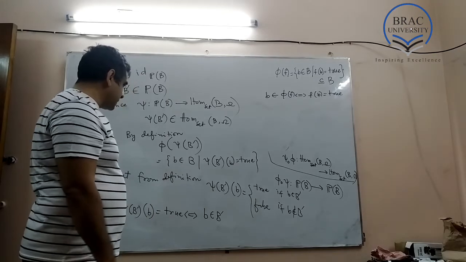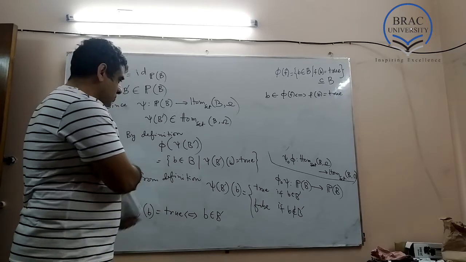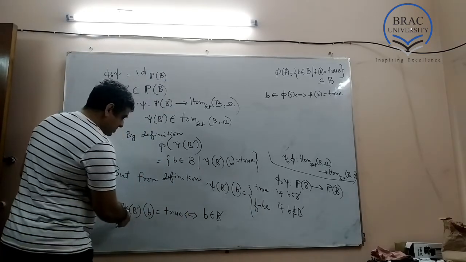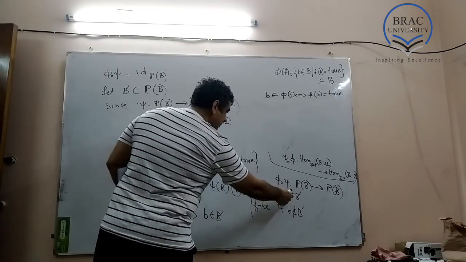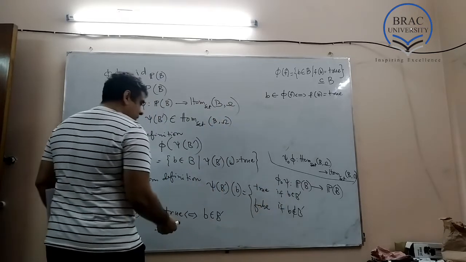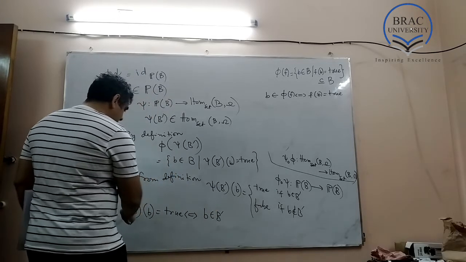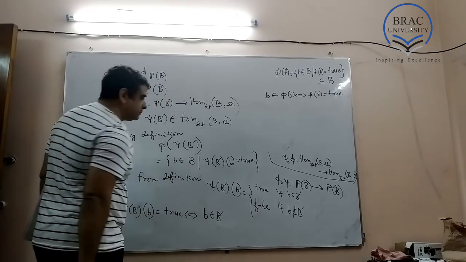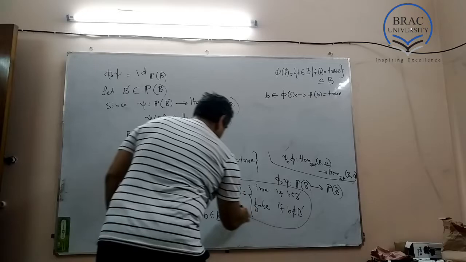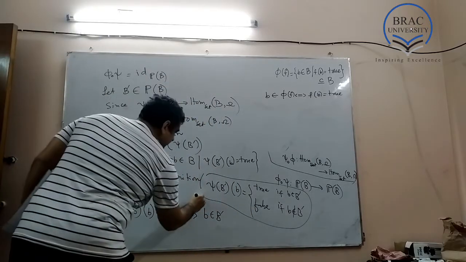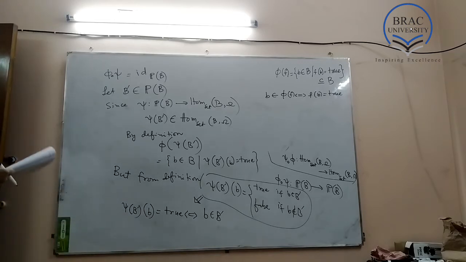You'll have the fact that psi of B prime acting on b is true if b is in B prime. Then you negate it, and you see that b is not in B prime. That will imply that psi of B prime acting on b is false. So it actually follows from this one. This implies this.